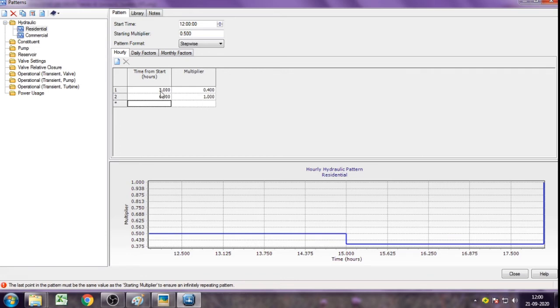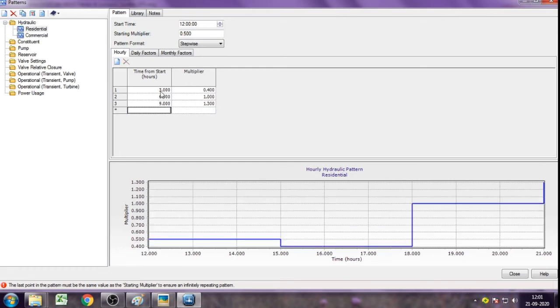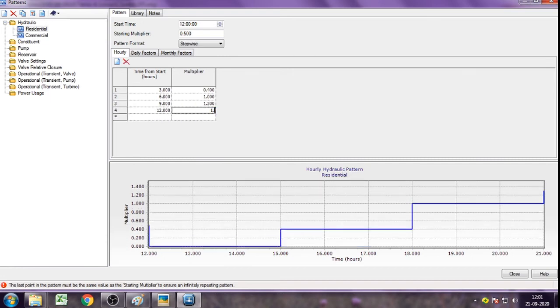You can also decrease the gap. If the time variation is hourly, or after 2 hours, or after 5 hours, you can change that. But in the quick start lesson a 3 hour interval is given, so I am also taking that. So for 9 hours, 1.3, 12 hours, 1.2.